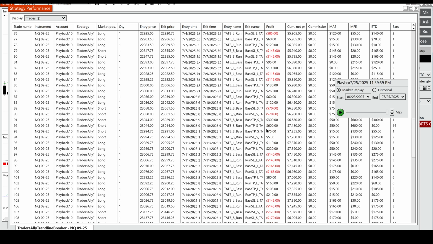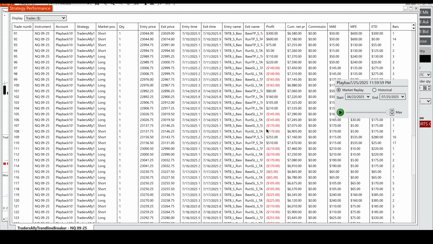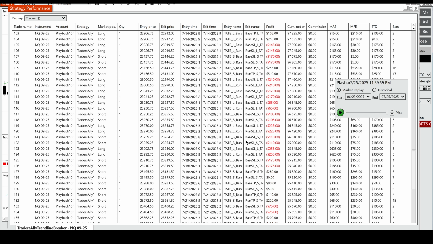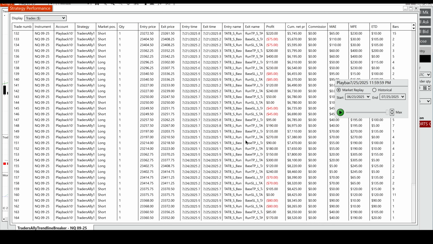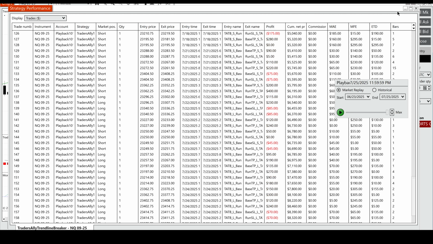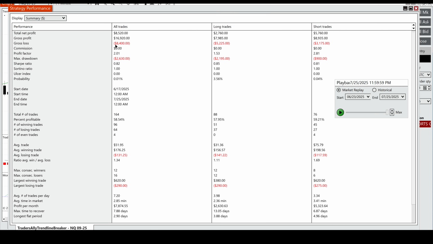And if you're trading 50k eval accounts, you don't want to go over 750 for your drawdown, I think. So this worked pretty well. There was another thing I wanted to show you, so let's go back to this screen.